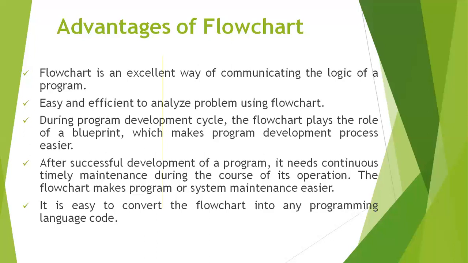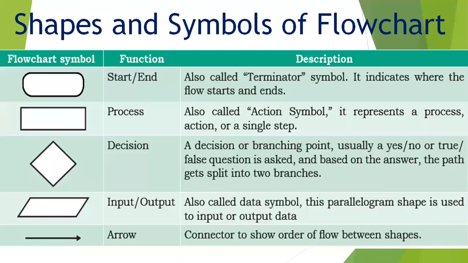Now, let us see the different symbols we use in drawing flowcharts. There are some standard symbols to draw flowcharts. Some of them are here. The first symbol is an oval or a terminal symbol, which is used to represent the start and end of the process.